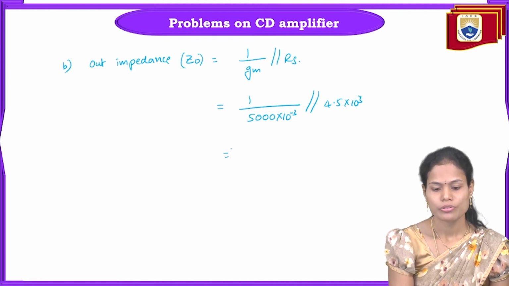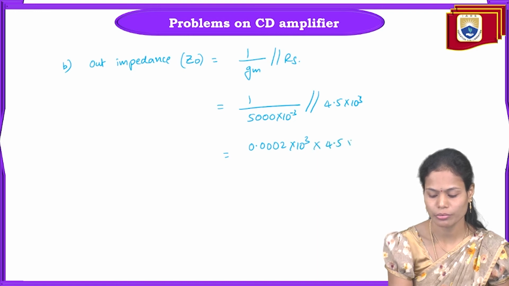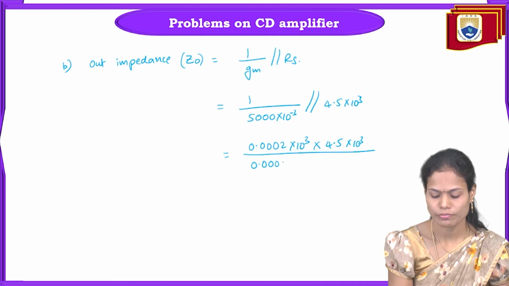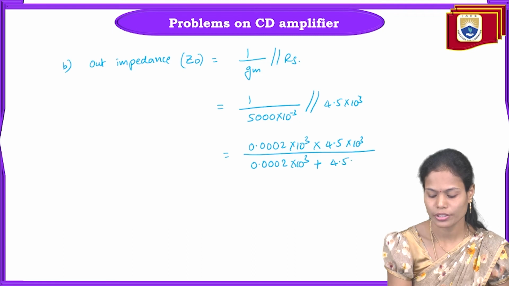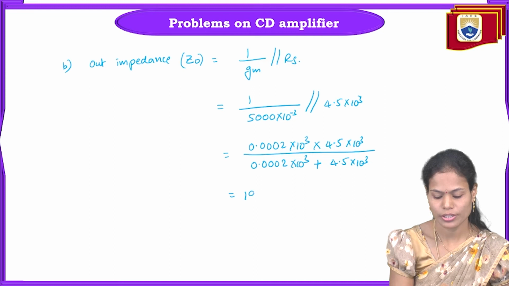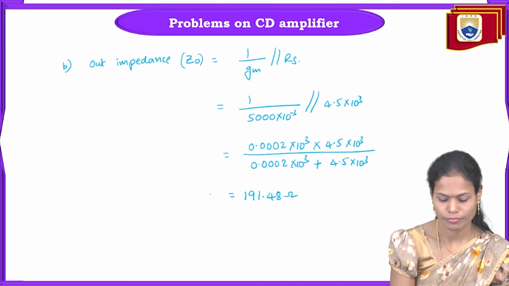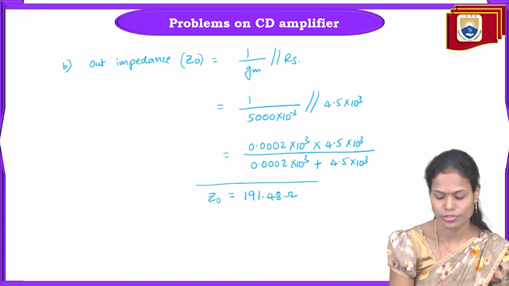So it is 0.0002 into 10 power 3 into 4.5 into 10 power 3 divided by 0.0002 into 10 power 3 plus 4.5 into 10 power 3. After simplification, it is 191.48 ohms. That is the Z0 value.